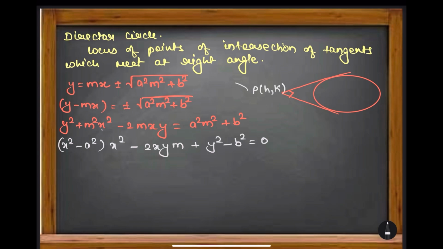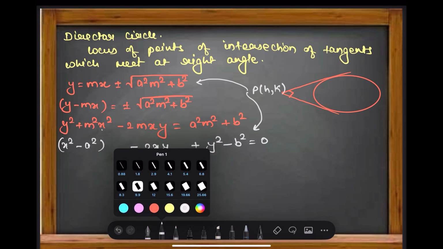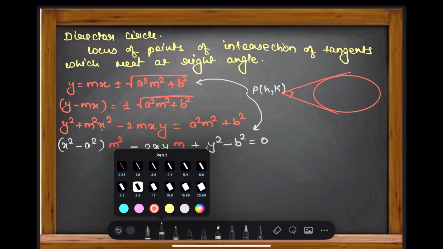This point will be satisfied by our tangent, and later we replace h comma k with x and y. I hope till this part you guys are okay. Now we have created a quadratic in m.